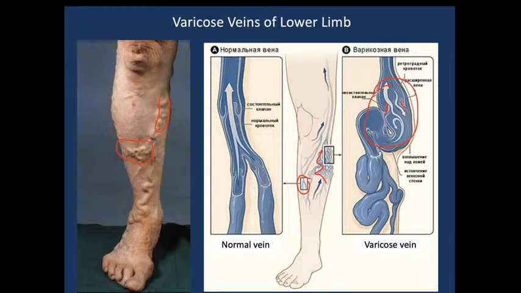That is typical for people after 40, sometimes after 50, and usually the only way is to cut the skin in a surgical operation and remove this enlarged varicose vein.